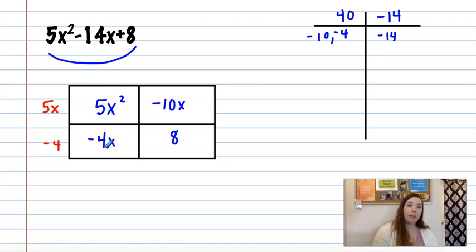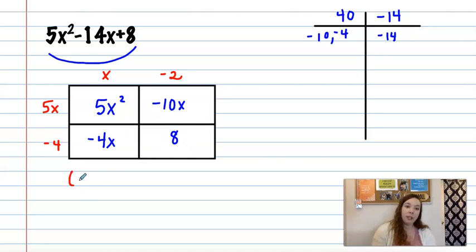So when I pull out a greatest common factor here, I'm just going to pull out x because 5x times x is 5x squared. Negative 4 times x is negative 4x. You want it to multiply to be that same thing. So here, 5x times negative 2 would give me negative 10x. Negative 4 times negative 2 is a positive 8.